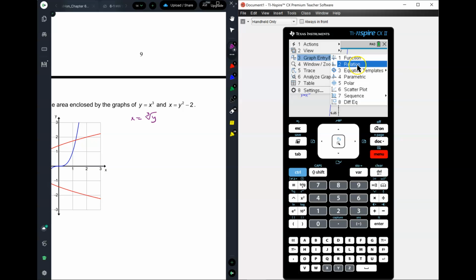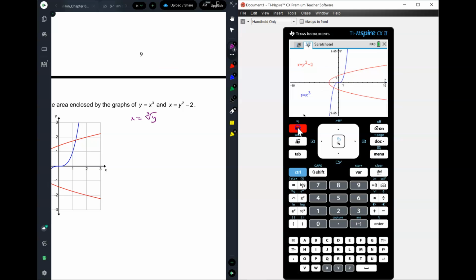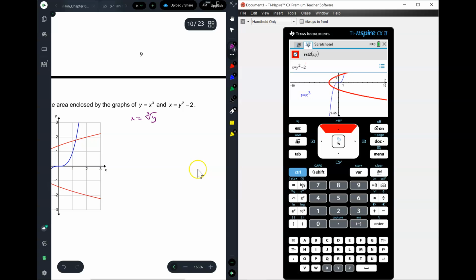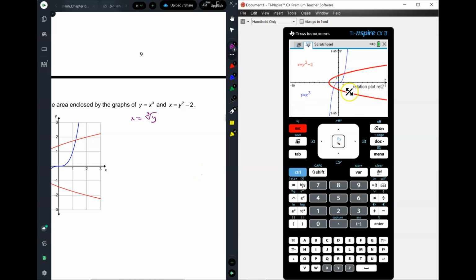Number 2 is relation. Now, when you press tab, you'll get relations and you can type them in as they are. Click enter before you do tab. So when you do enter, tab, that makes relation 2. What's relation 2? X equals y squared minus 2.